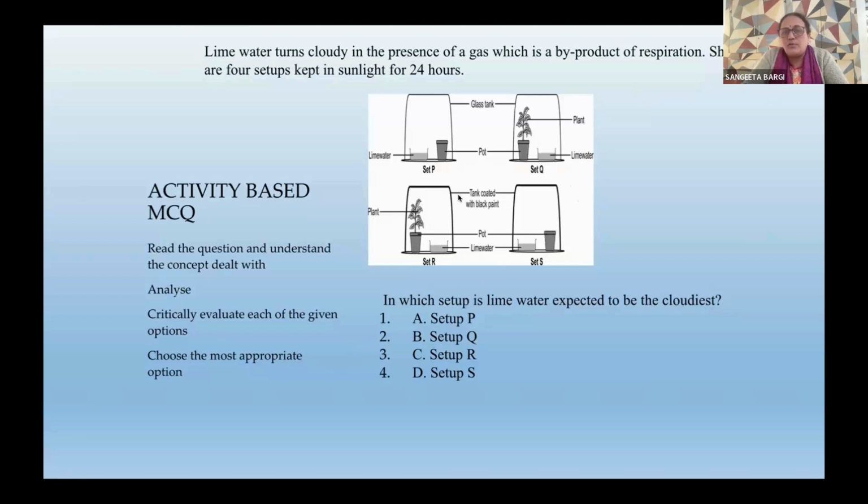So this is an example where a correct setup and an incorrect setup may be shown, illustrated. Here you need to read and understand the question or the concept that has been dealt with, analyze what has been given in the four options, critically evaluate each of the given options. You can try the elimination method also, and finally choose the most appropriate option.